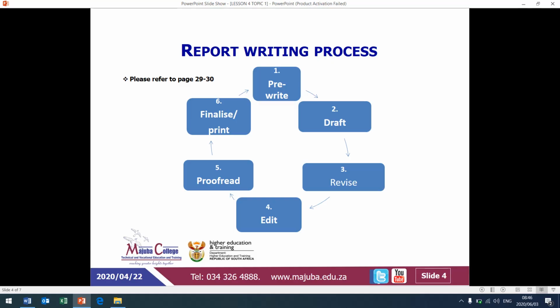When it comes to editing, by the way, step number 4 and 5, editing and proofreading, they are a link. Why is that so? It's because when you edit, you also proofread. You put whatever needs to be put in place, and then you proofread it to see if it makes sense or not.